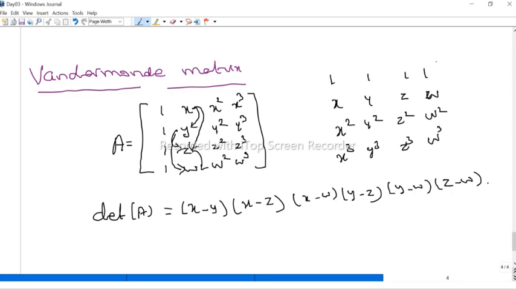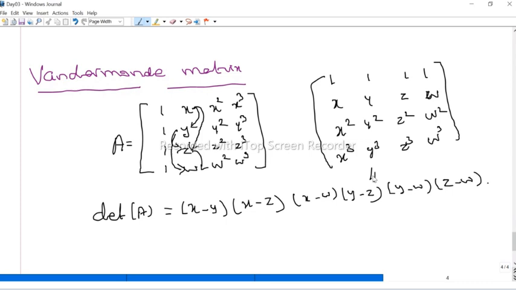This is also a Vandermonde matrix. It's just the transpose of this matrix, and we know that the determinant of a matrix and of its transpose are the same. Therefore the determinant of this matrix is also the same thing: x minus y, x minus z, x minus w, and then y minus z, y minus w, z minus w. It's a very important matrix and a very important formula. Just fix one and then subtract the others.